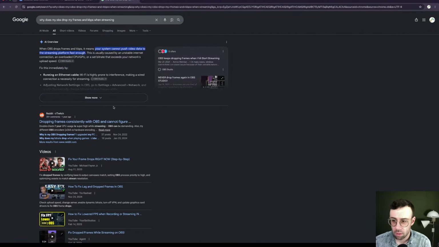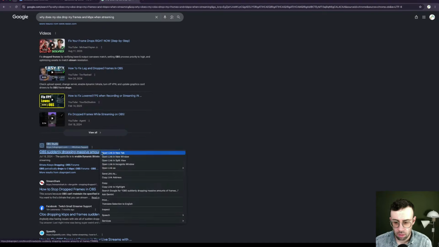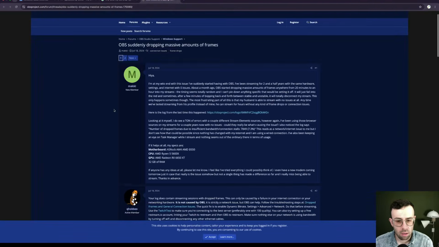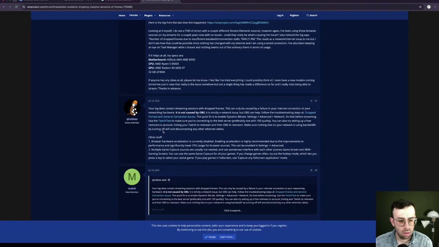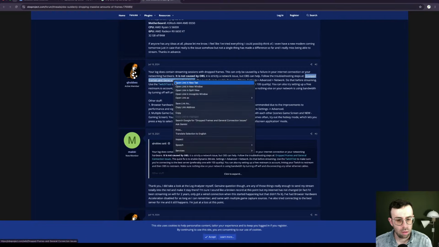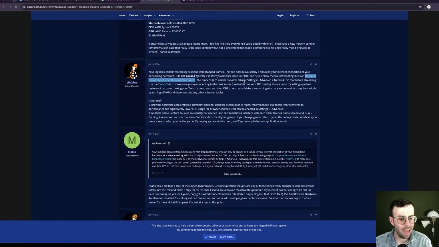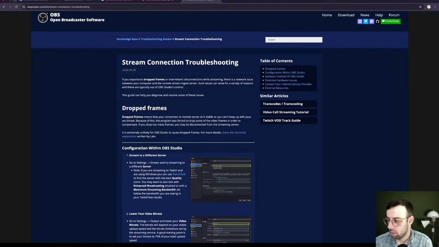It's dropping. I don't want to read the AI thing, but let's see what this says. It's a network issue. Dynamic bitrate. Oh, doing the speed test might trigger something?